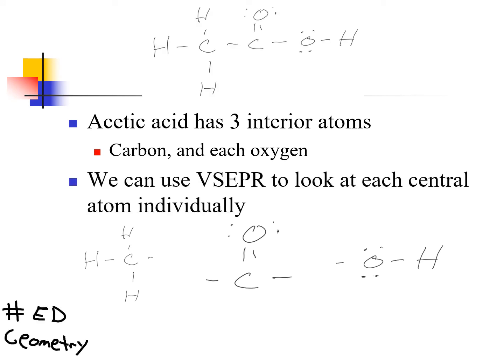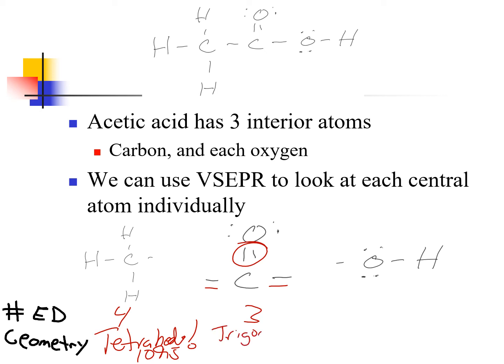Looking at the carbon on the left, I see 4 electron domains. They're all bonds, so its electron domain geometry would be the same as its molecular geometry, tetrahedral, and that's 109.5 degrees. The central one, I see 3 electron domains, single bond, double bond, so trigonal planar.